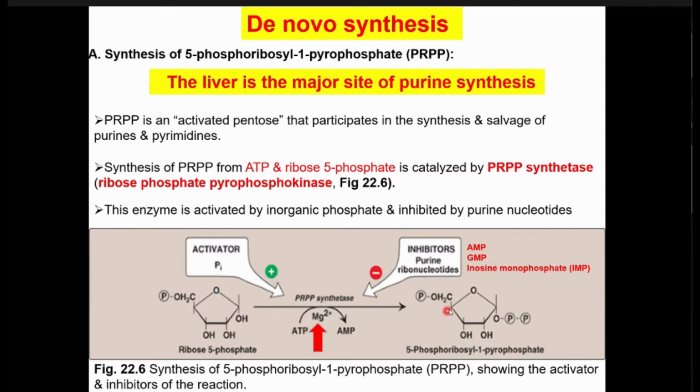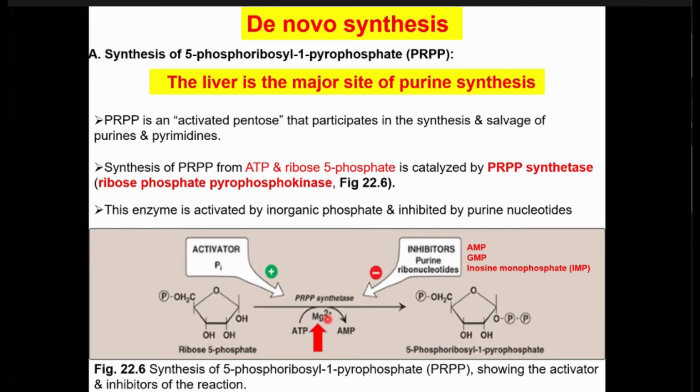So you take 2 phosphates from your ATP, you put them into your ribose 5-phosphate, and you will have 5-phosphoribosyl. When you have yl here, it means a radical. So you have 5-phosphoribosyl, 1-pyrophosphate, position 1, which means 2 phosphates. I will take again 2 phosphates from my ATP with the magnesium in the reaction.